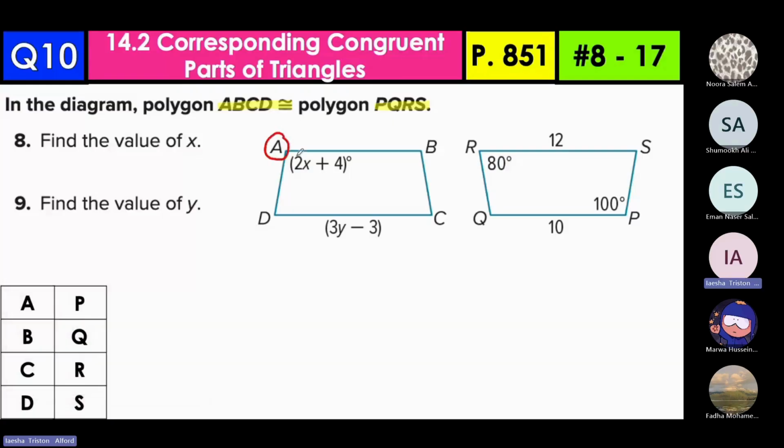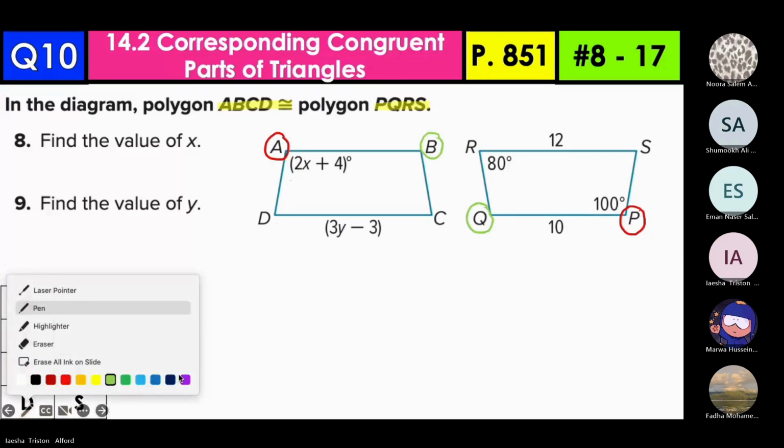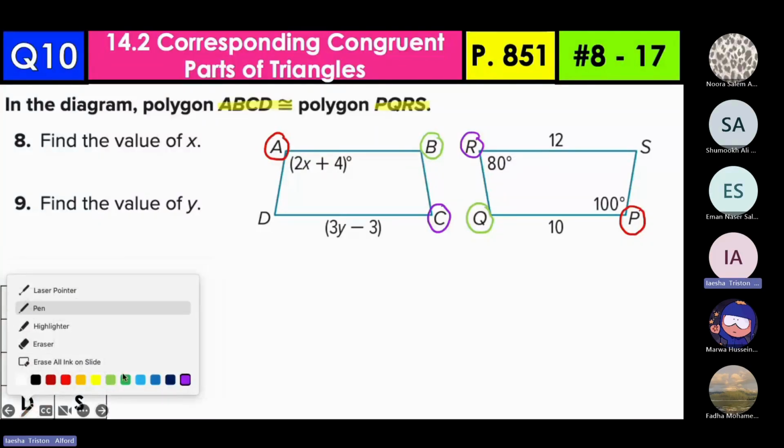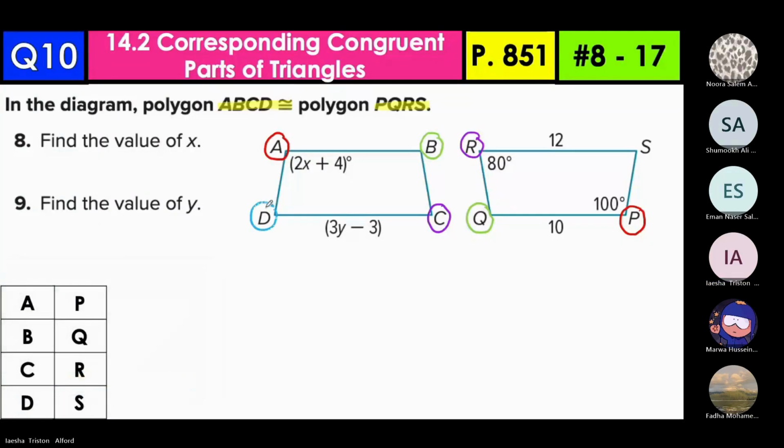Angle A matches with angle P. Angle B matches with angle Q. Angle C matches with angle R. And angle D matches with angle S.